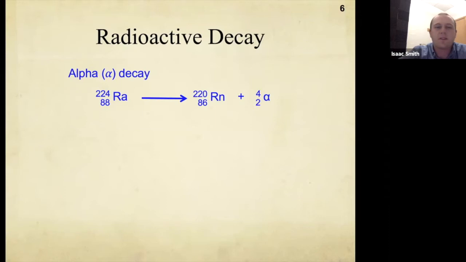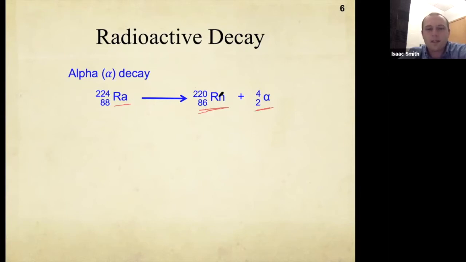The question would say something like, you have this element, Ra, it'll give you the mass, and you may have to look up the atomic number or it just gives it to you, undergoes alpha decay. So this is going to spit out an alpha particle plus another element.